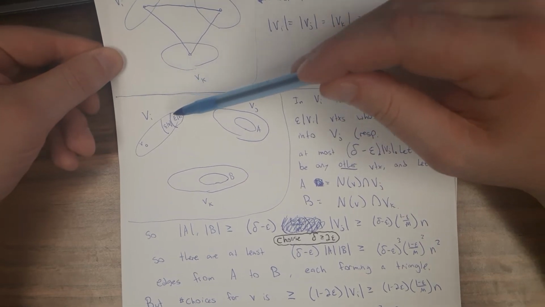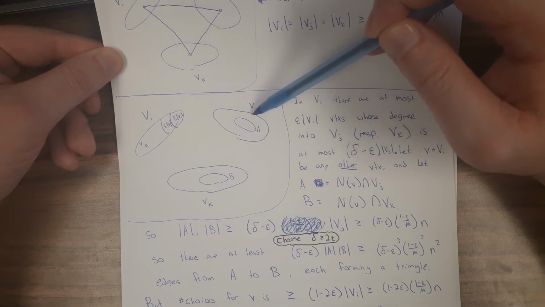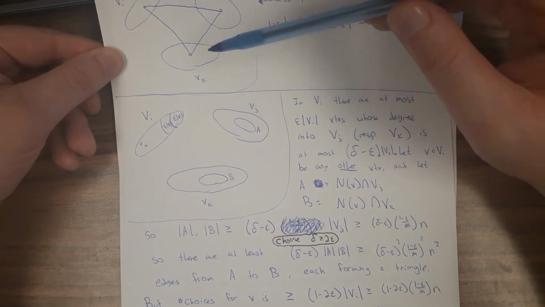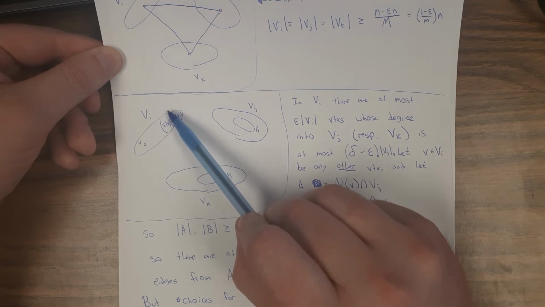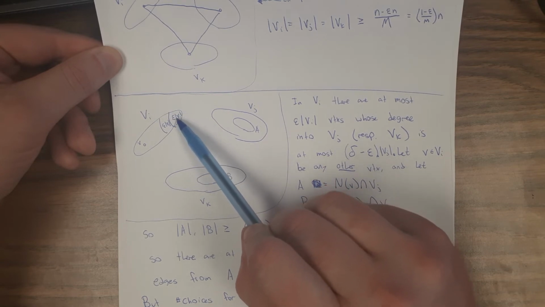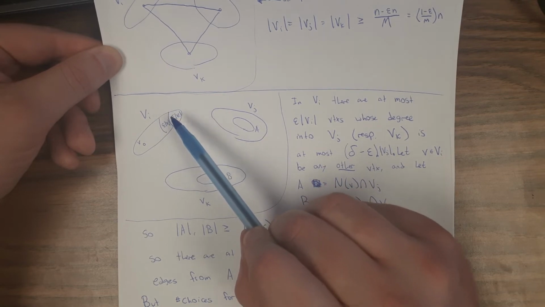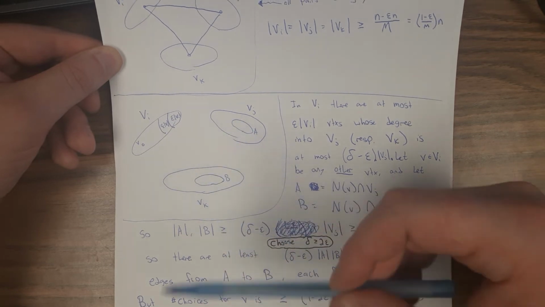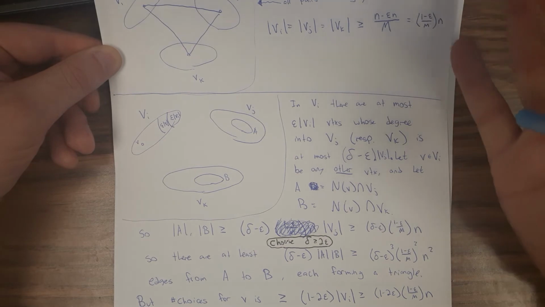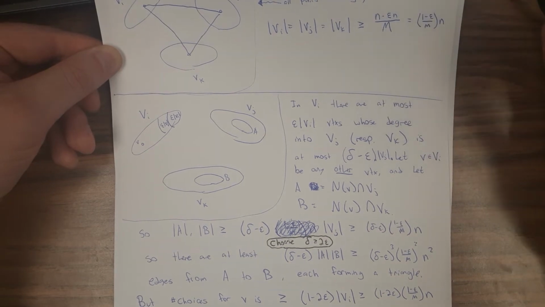For example, if V_i and V_j are epsilon regular, then at most epsilon proportion of these vertices have a degree into this set that's significantly less than what it should be.